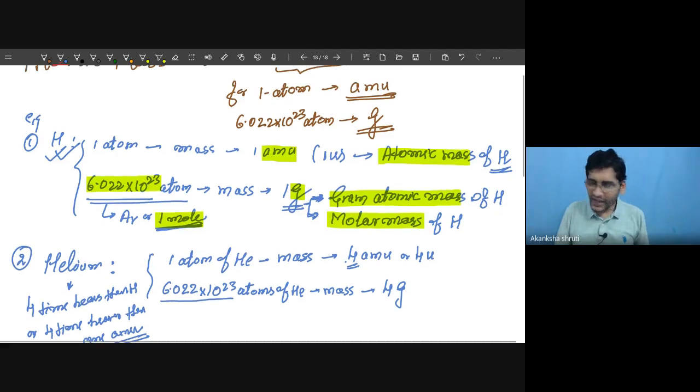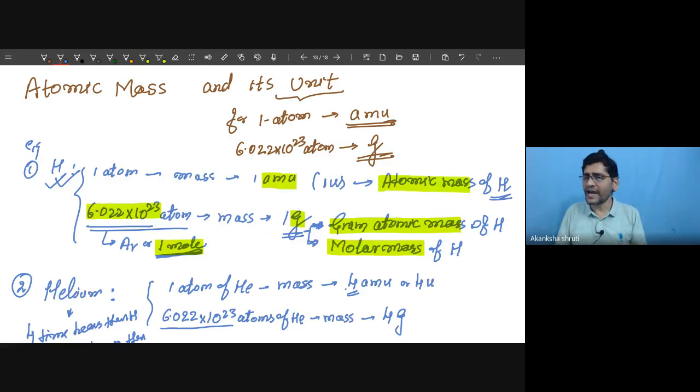Student, atoms are so small that it is difficult to measure the mass of one atom by placing it on a plain balance. Therefore, initially, the measurement of this mass was taken as relative, and it was determined by considering the reaction, meaning how much hydrogen is combining with how much water.